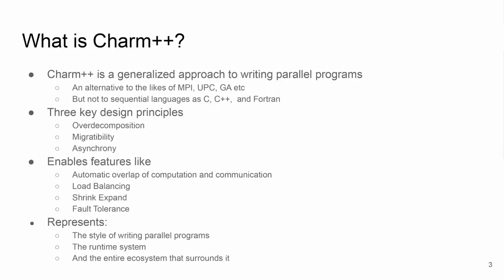The third design principle is asynchrony. Asynchrony is to basically deal with the question of who gets to run next. So you have these multiple C++ objects spread across different processors, but who will run next is answered by, the answer to that is basically whoever has a message ready for them.